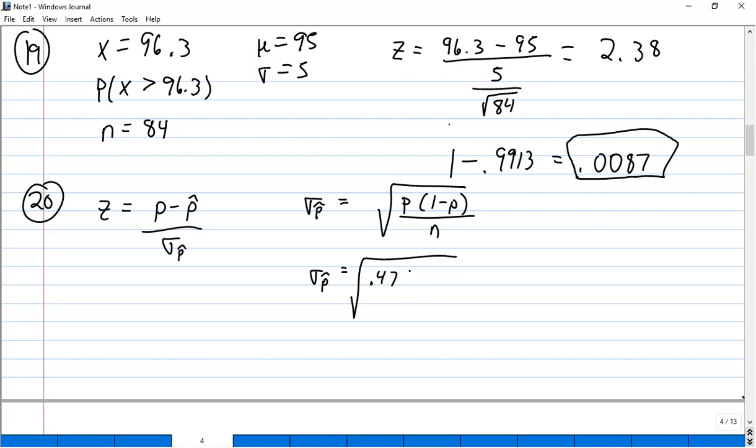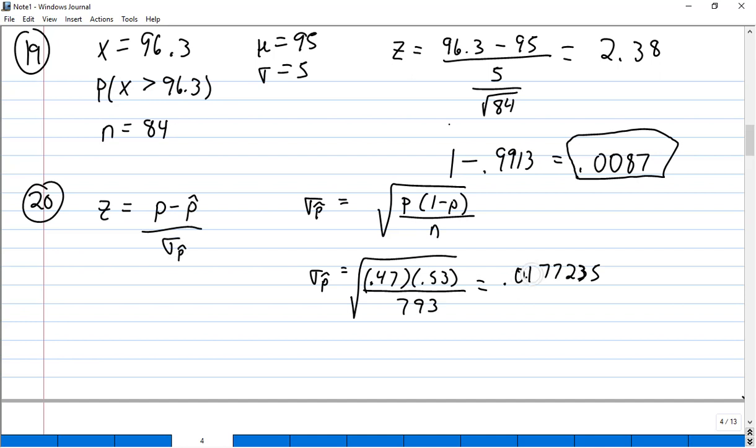Well, 1 minus 0.47 is 0.53. And then divided by, it said there were 793 in the sample. All right, so if you multiply, then you divide, then you take the square root, you're going to get, and I like to carry this one out kind of far, 0.0177235.